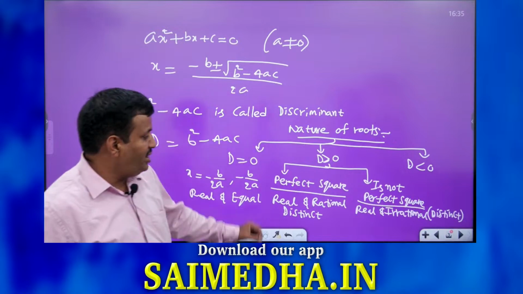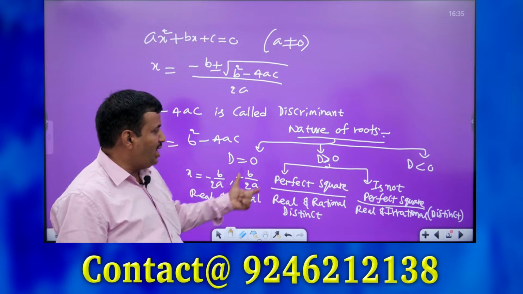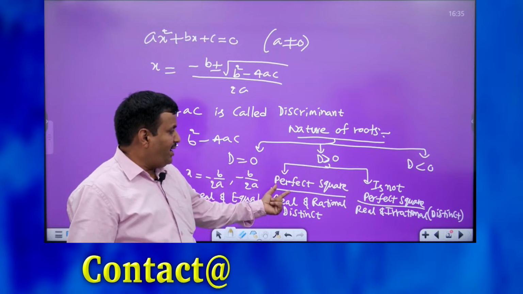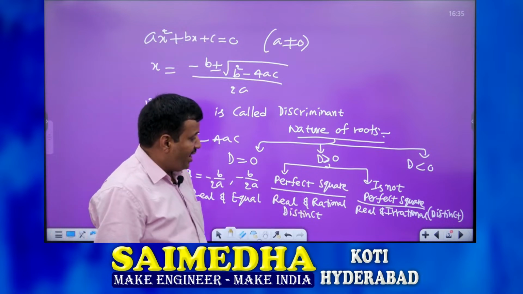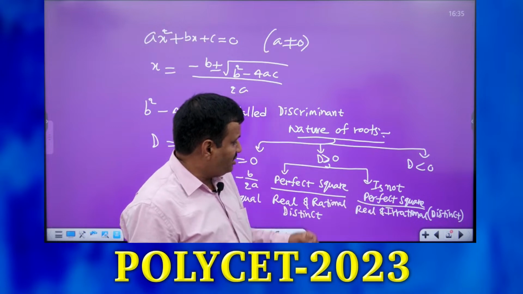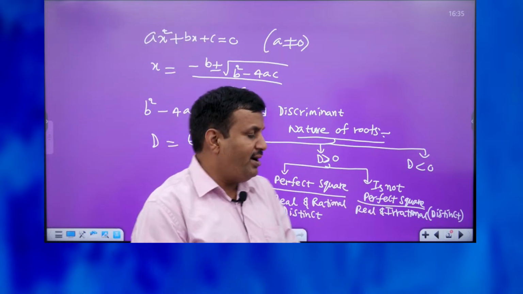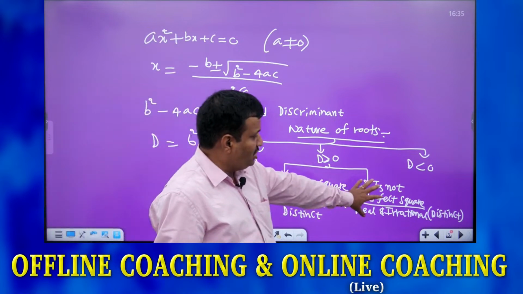This is very important. If D equals 0, directly you can say roots are real and equal. If D is greater than 0 and the D value is a perfect square, roots are real and rational and distinct. And if D is not a perfect square, then the roots are real and irrational and distinct. And also it follows the conjugate.